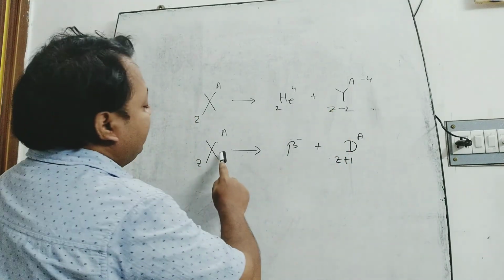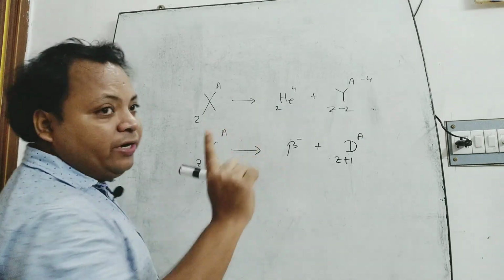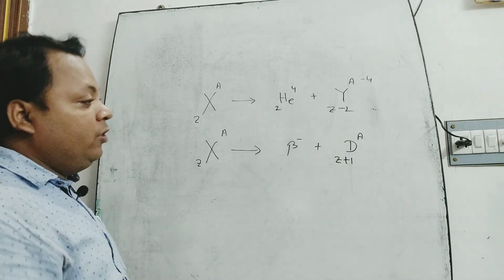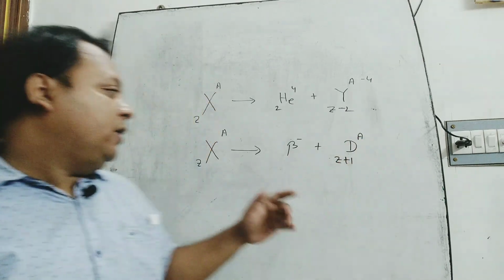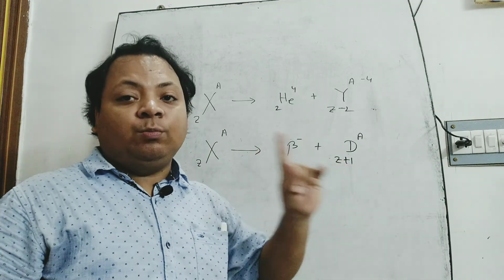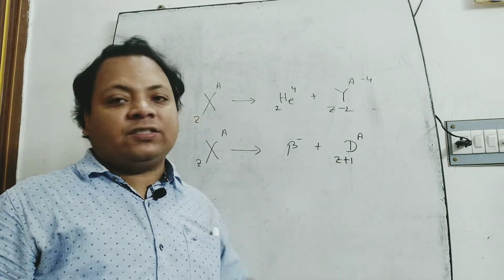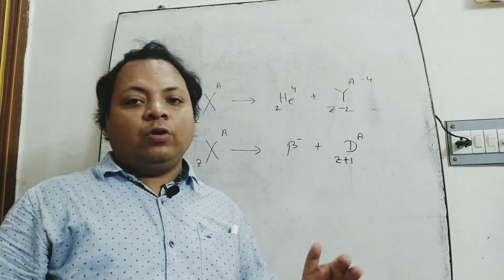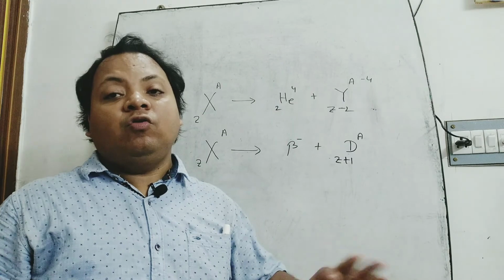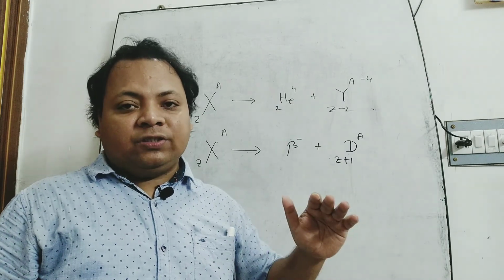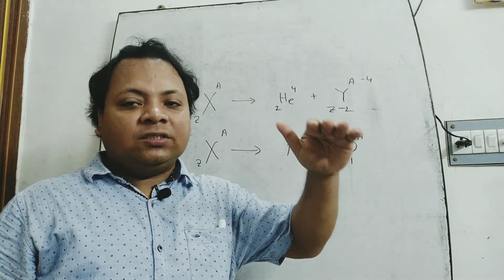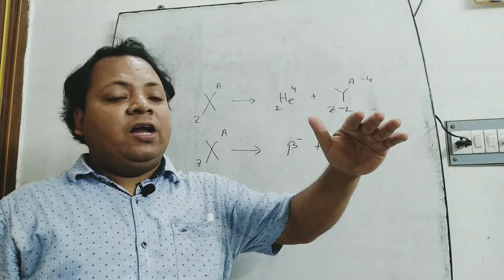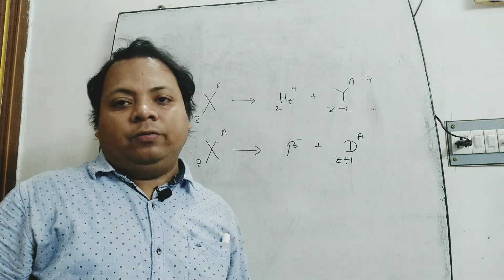When the parent nucleus emits one beta particle, then the mass number of the daughter nucleus is the same, but the proton number is increased by 1, that is Z plus 1. Due to the emission of gamma ray, the proton number and mass number do not change, but the energy level of the nucleus is decreased, that is, the nucleus jumps from a high energy level to a lower energy level.